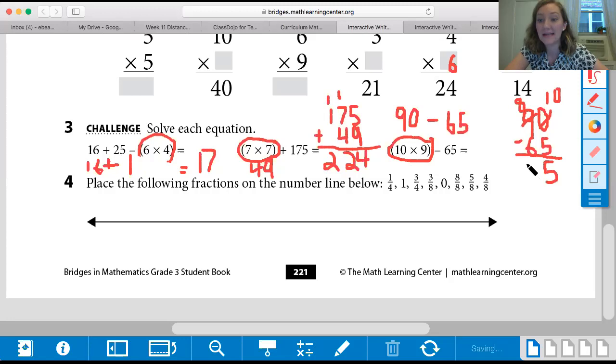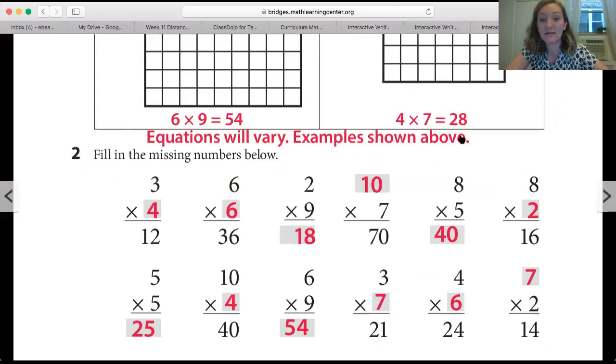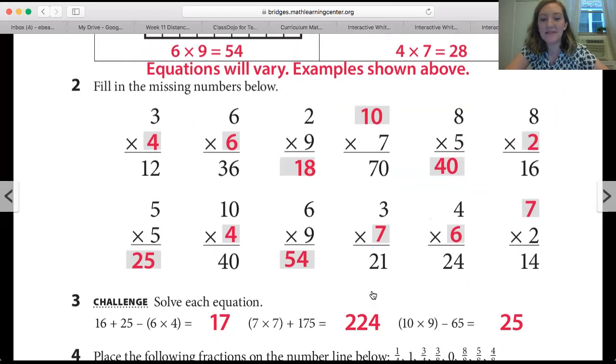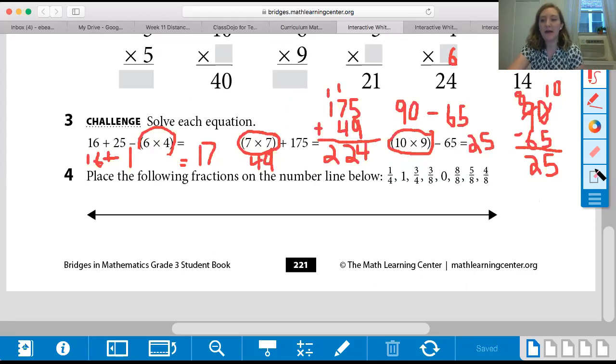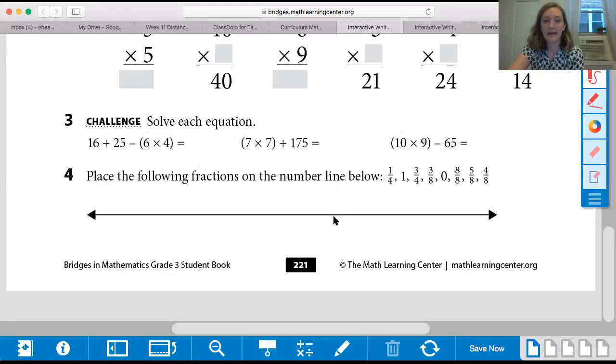And 8 minus 6 is 2. So our answer is 25. 90 minus 65 is 25. Check and see if we're correct. Yep, 17, 224, and 25. Nice job.